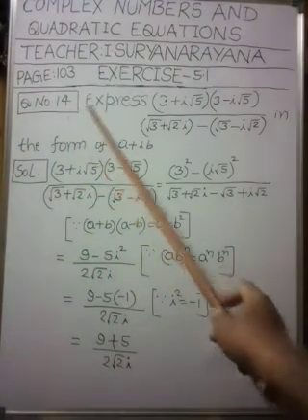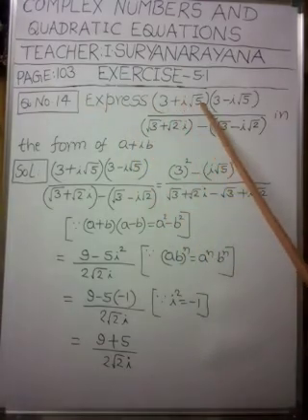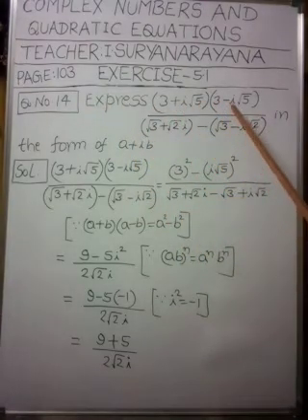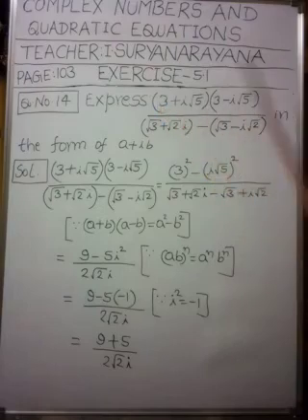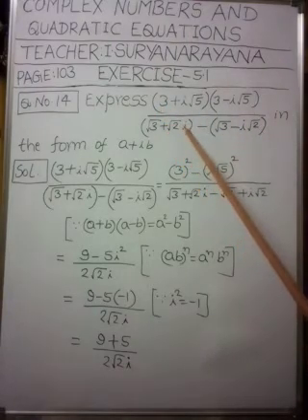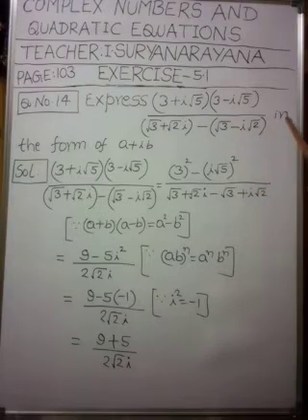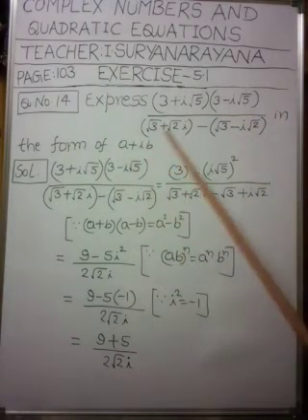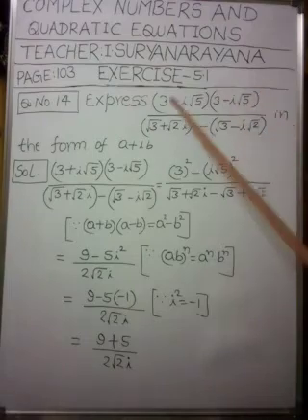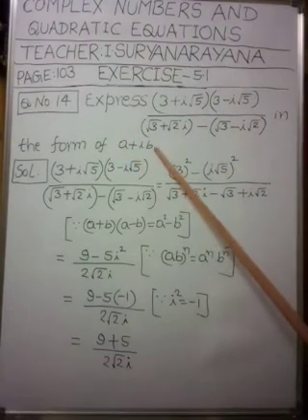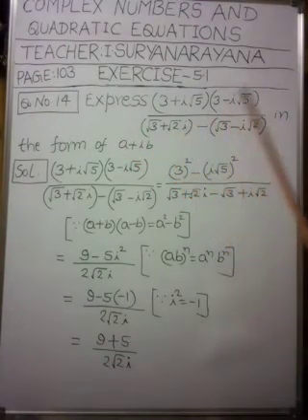Question number 14. Express (3 plus i root 5) into (3 minus i root 5) whole divided by (root 3 plus root 2i) minus (root 3 minus i root 2) in the form of a plus ib. We have to write this entire expression in the form of a plus ib. Understood this question, my dear children?